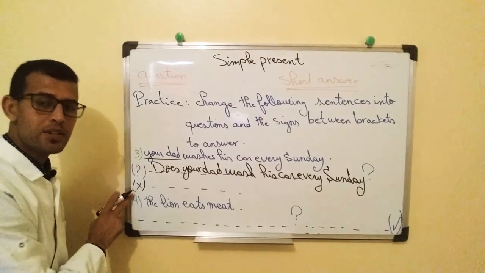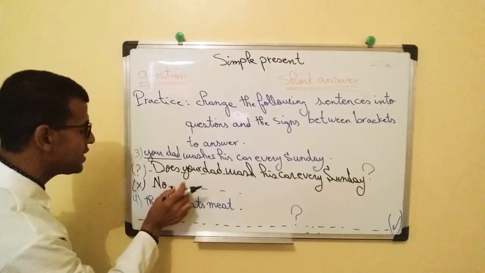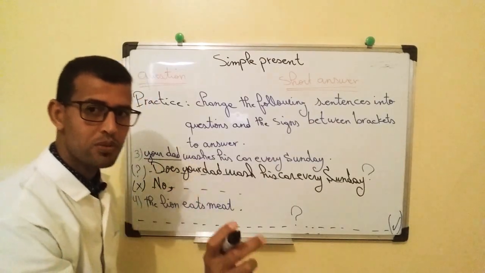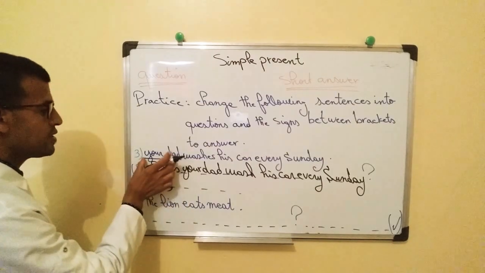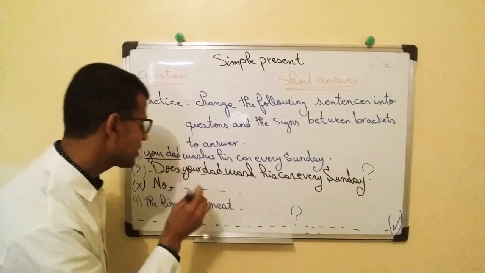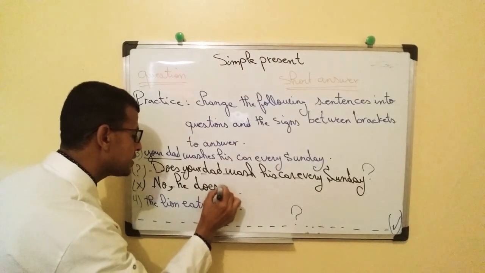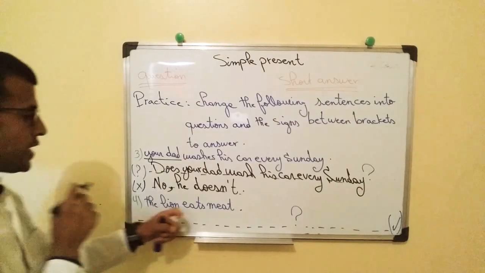So the answer is no, comma, and after the comma we use the subject pronoun, not the proper noun or the name of a person. Instead of your dad, we use the subject he. No, he doesn't. With he we use the form doesn't, not don't.